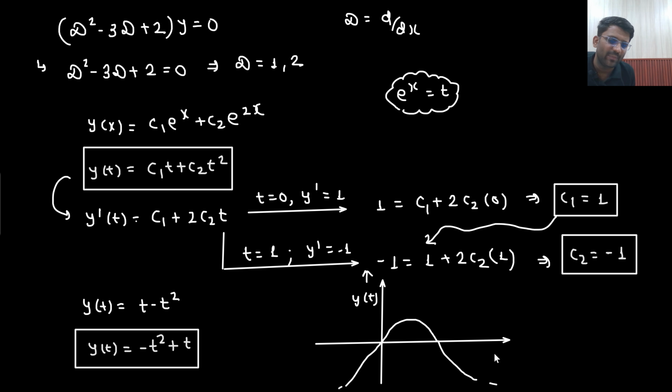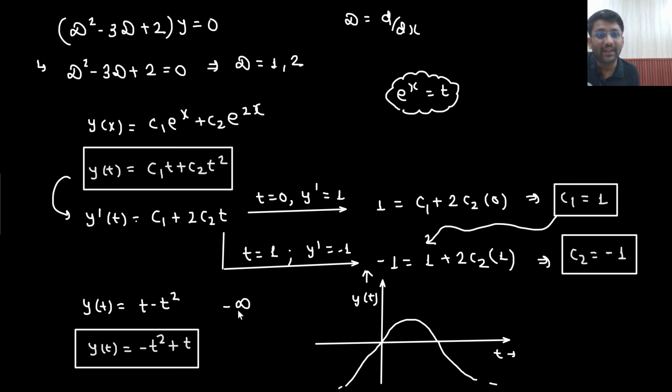Do you know how I made this graph? Whenever there is a quadratic equation, the graph will be parabolic. Now you just need to see what the scenario is at infinity. When I put t tending to infinity, I will get minus infinity.